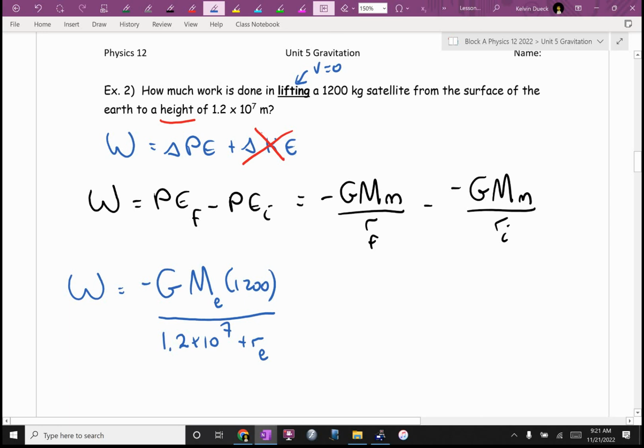What is the radius of the Earth? Everybody, what's the radius of the Earth? Everybody, including Zaina, what's the radius of the Earth? Still everybody, including Zaina, because right now Zaina doesn't know where it is on her formula sheet. I'll let you abbreviate the radius of the Earth with RE if I know that all of you know what the radius of the Earth is.